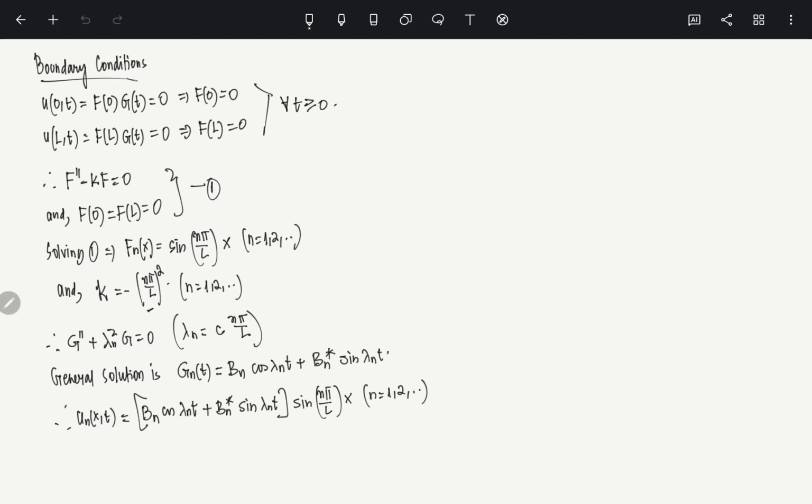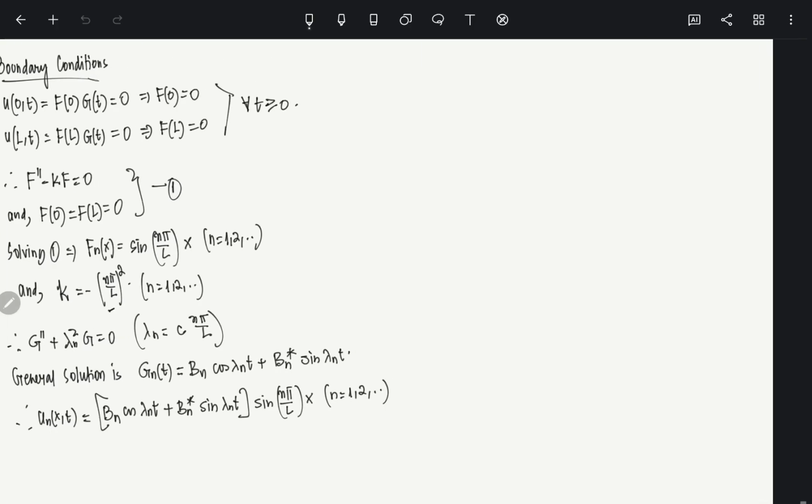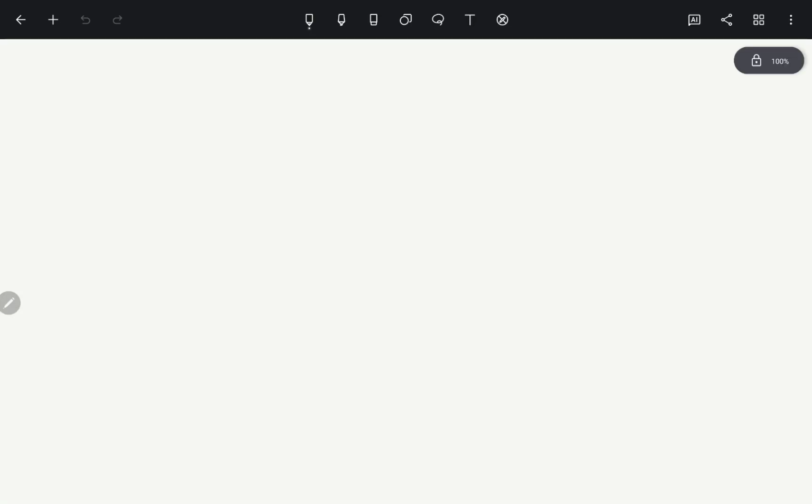Okay, so now since this u_n is the solution, what is u? u is basically the sum of the solutions, superposition, right? So u of x, t is nothing but summation n equals 1 to infinity u_n of x, t. I hope this is clear. And what is this thing?